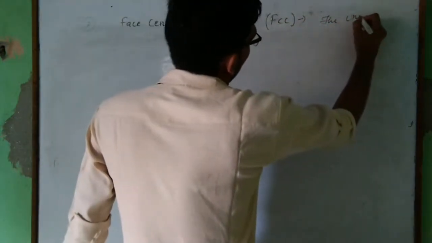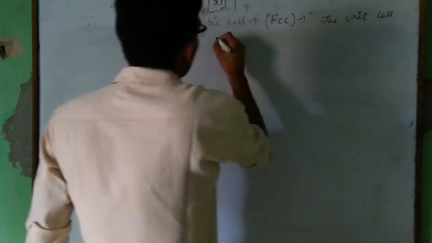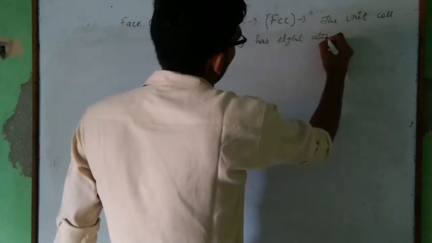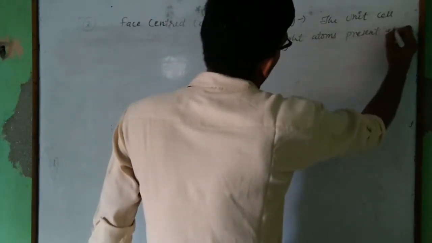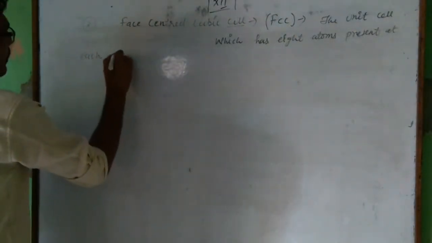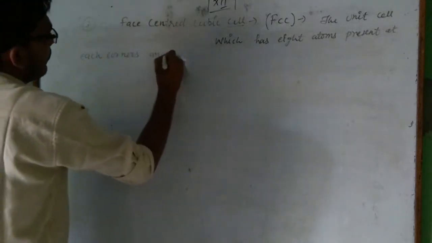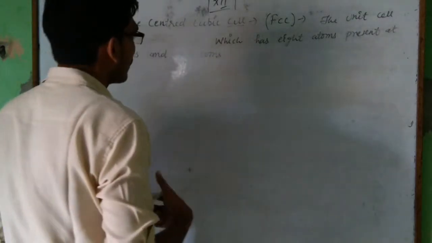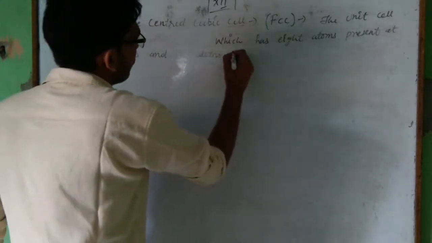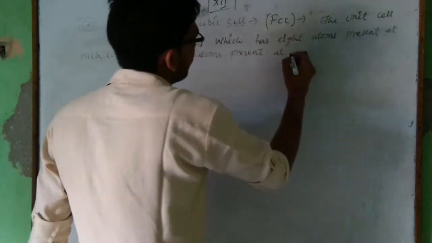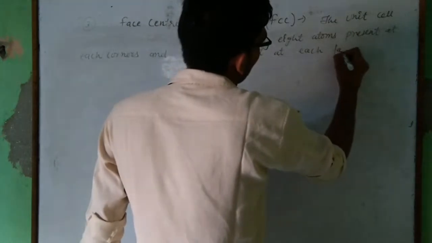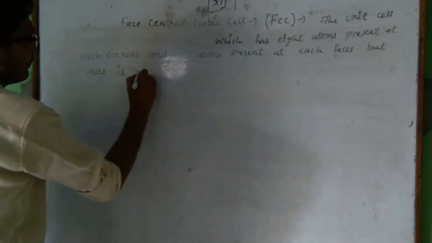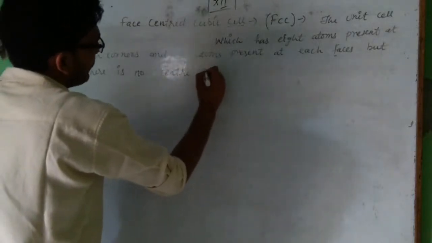The unit cell which has 8 atoms present at each corner and 6 atoms present at each face, but there is no center present.